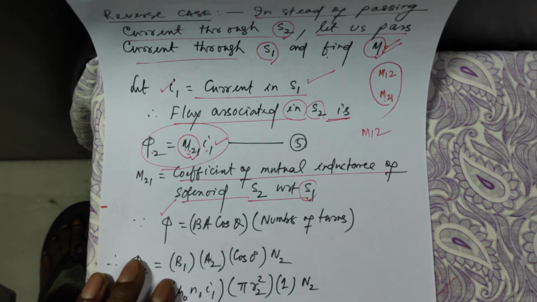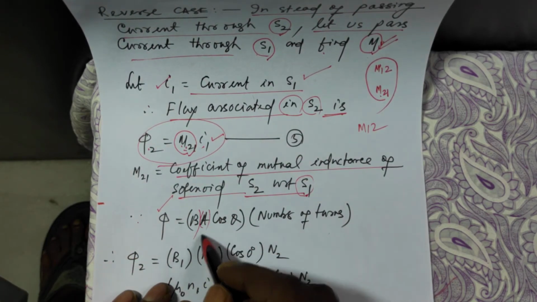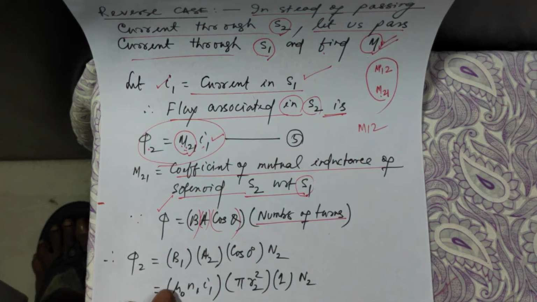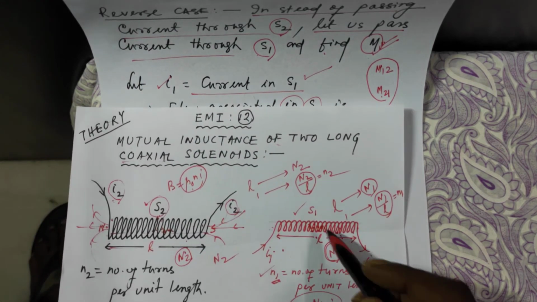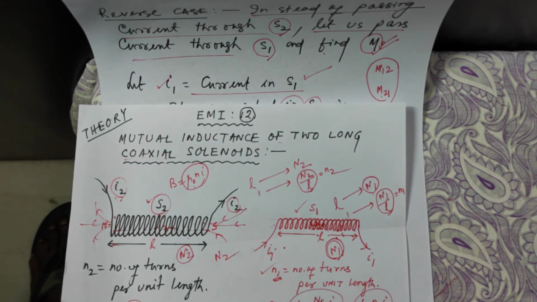Now the flux, and we know flux is equal to field into area into cos theta and the total number of turns. Now the current is passing through S1, so at the center the magnetic field will be B1.